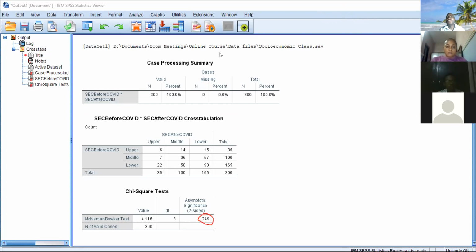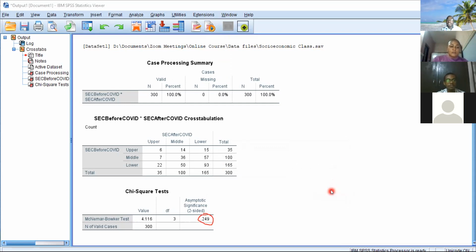So, if you don't have questions, somebody asked me a question, I thought you would ask. Now, let's say there's a difference, maybe I will even look for data sets that have a difference. If there's a difference, how will you know where the difference lies? It's like ANOVA, where you say there's a difference, because we are talking of three, where does the difference lie? Is it between lower and upper or whatever?